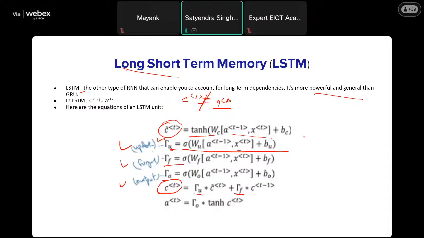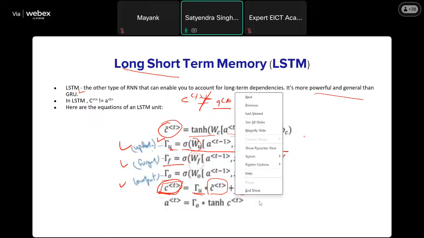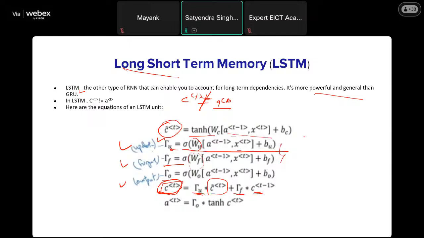Similarly, the forget gate and the output gate have the same equations, and these are learnable parameters which during training are learned. Based on these values, the new context information is the update gate multiplied with the current context or newer value plus the forget gate times the previous context information.